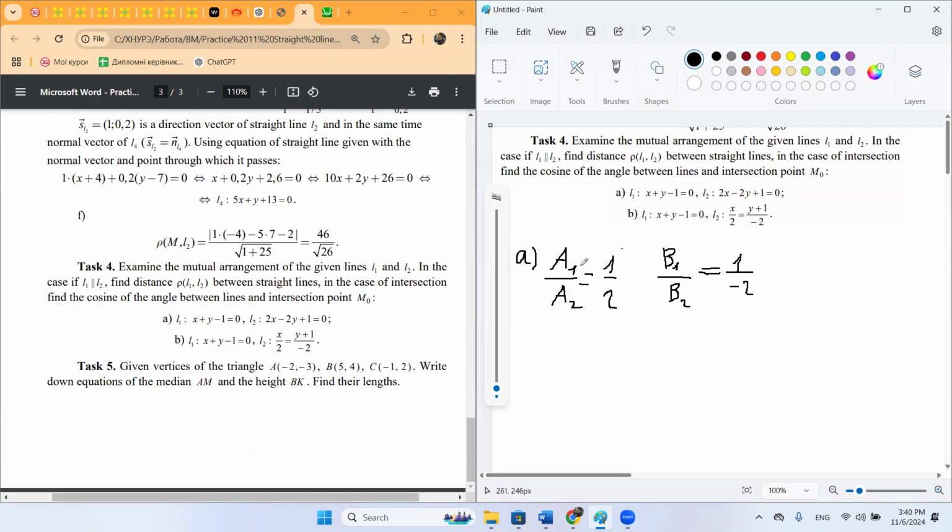So they are not equal, so it means that L1 and L2 are not parallel. So we can find their intersection point.